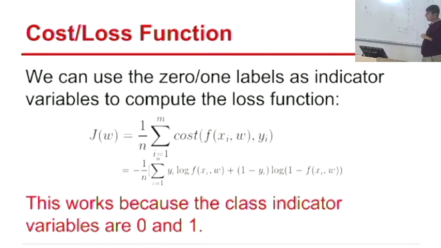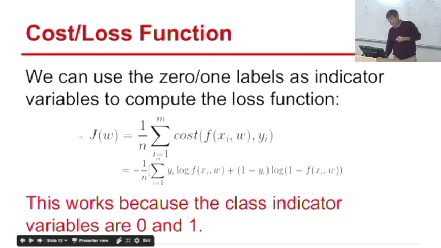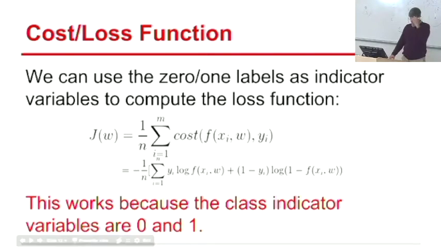And the amazing thing is this kind of funny looking function also has the property that it is convex. This is how unhappy we should be with a particular set of coefficients. And the amazing thing is that the unhappiness function turns out to be convex.